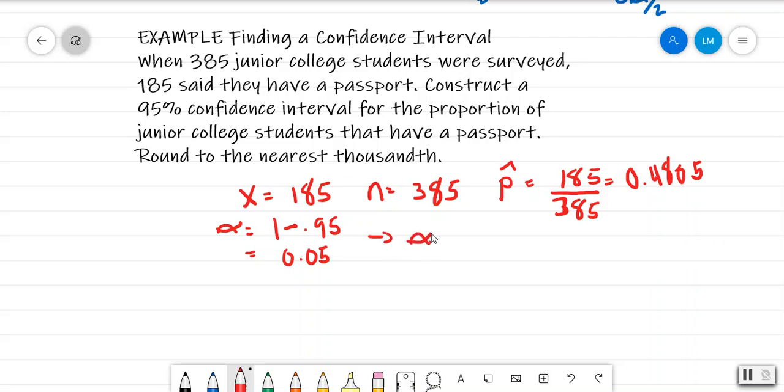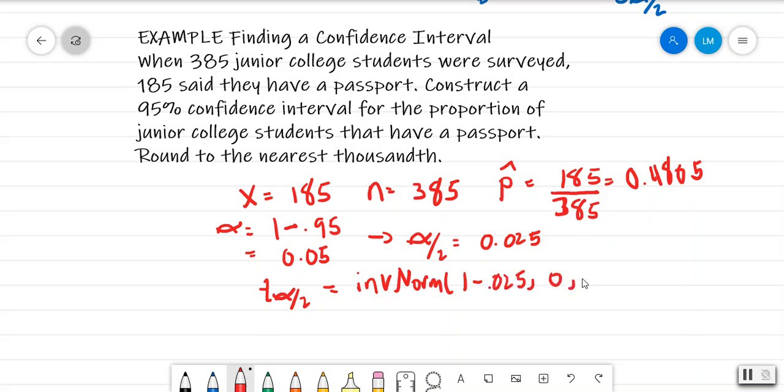So that means that alpha divided by 2 is equal to 0.025. Okay, so essentially we have our alpha over 2. So this is going to tell us that z alpha over 2 is equal to inverse norm of 1 minus 0.025, comma, the mean and standard deviation.